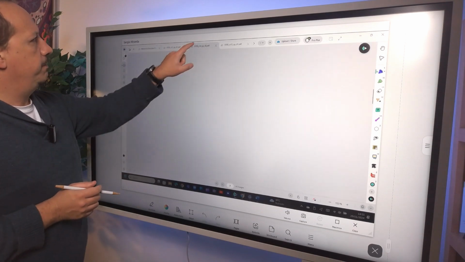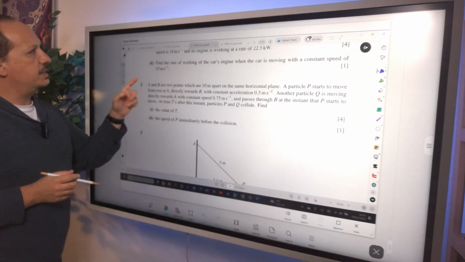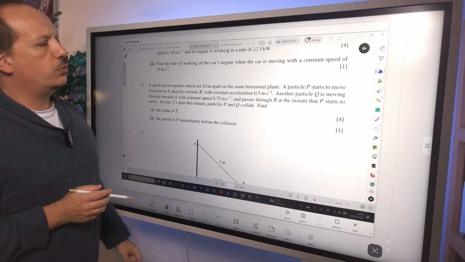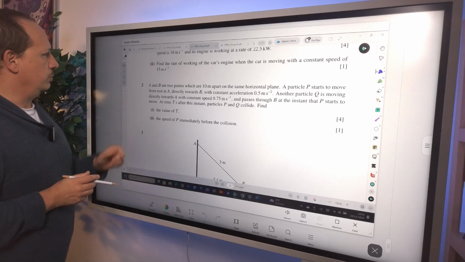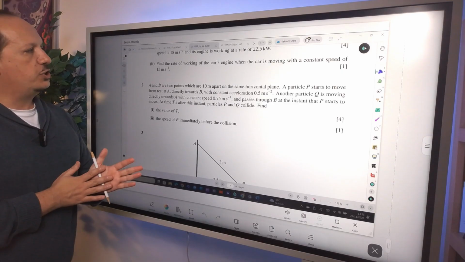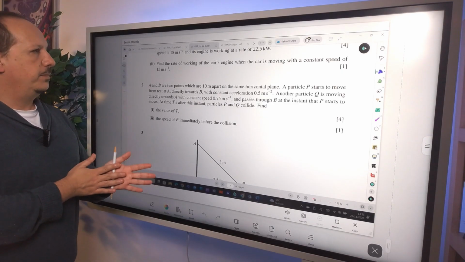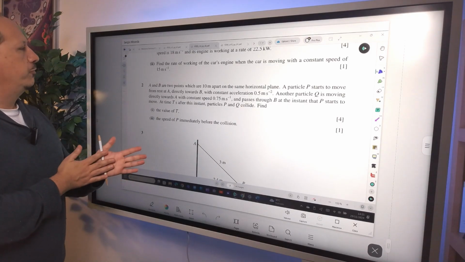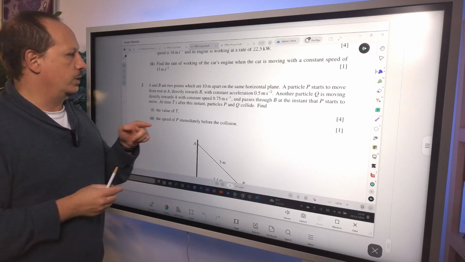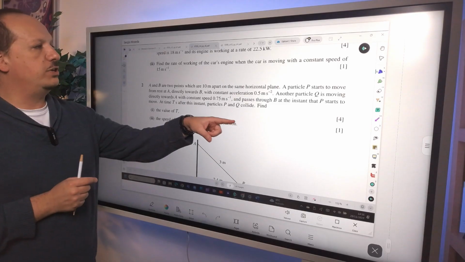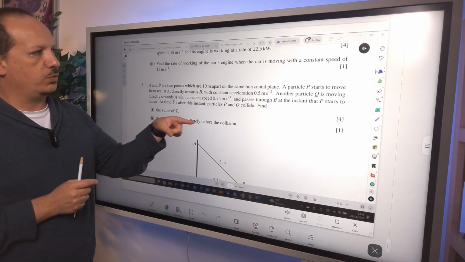Next question. This is Spring 2014, question paper 42, Question 2. A and B are 2 points which are 10 meters apart on the same horizontal plane. A particle P starts to move from rest at A directly towards B with constant acceleration 0.5 meters per second squared.